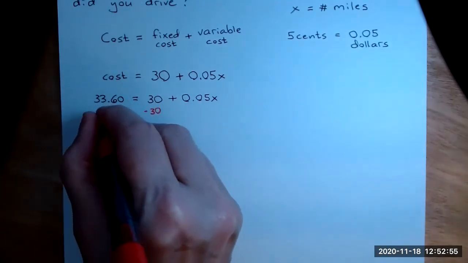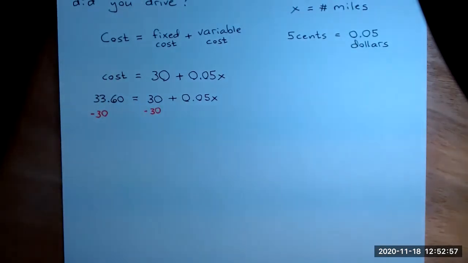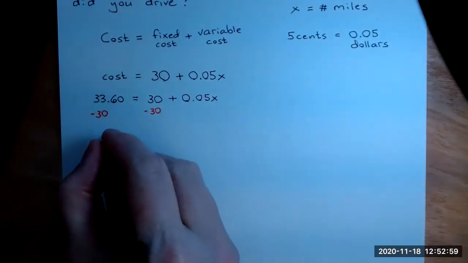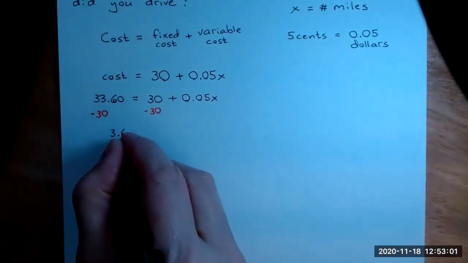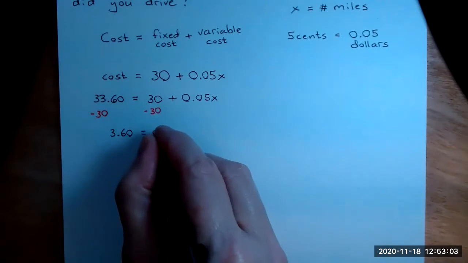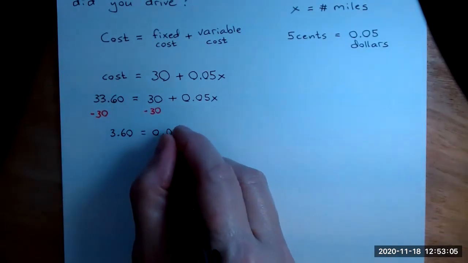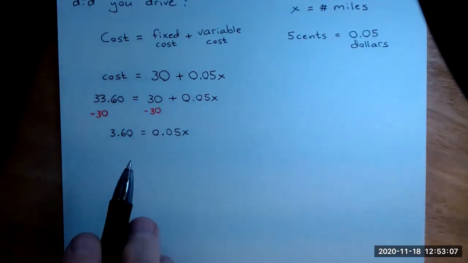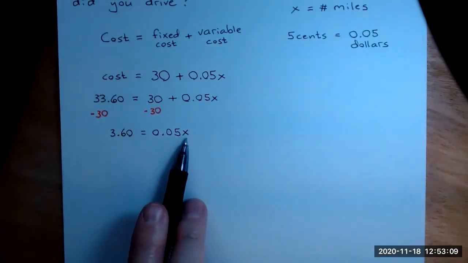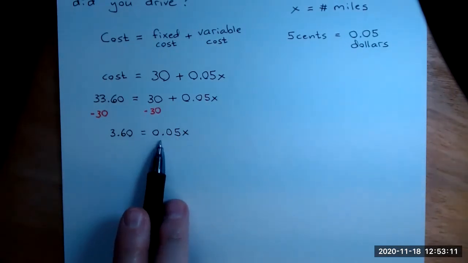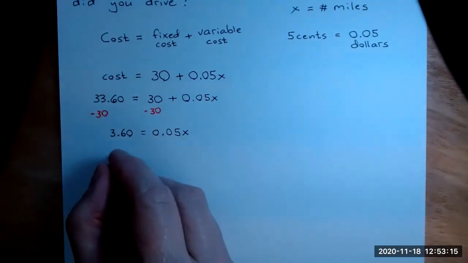So we'll subtract 30 from both sides. And then we'll divide both sides by the coefficient of x. So we'll divide both sides by 0.05.